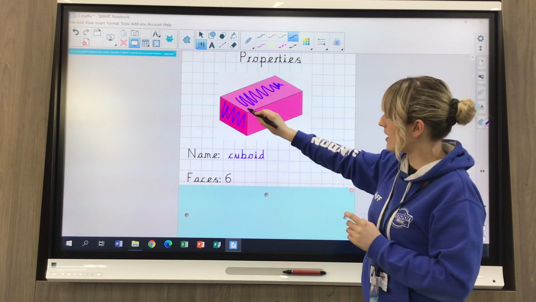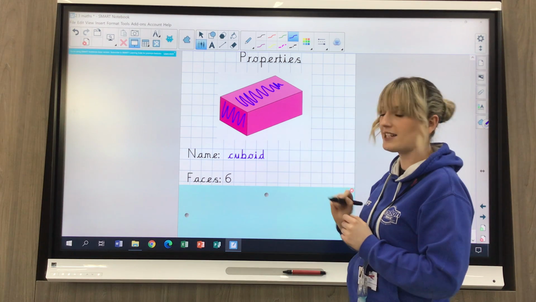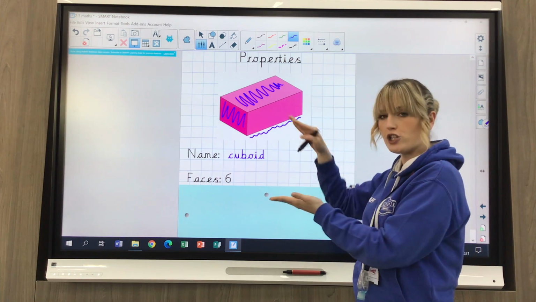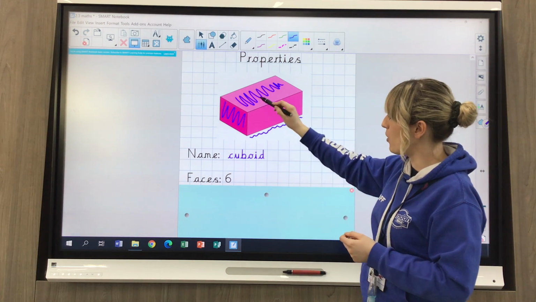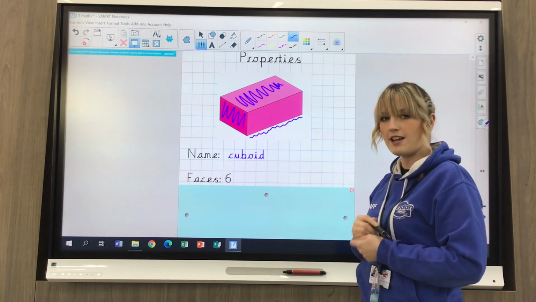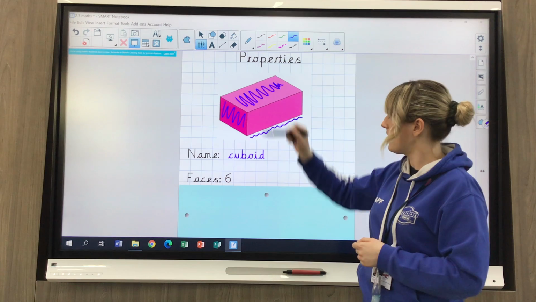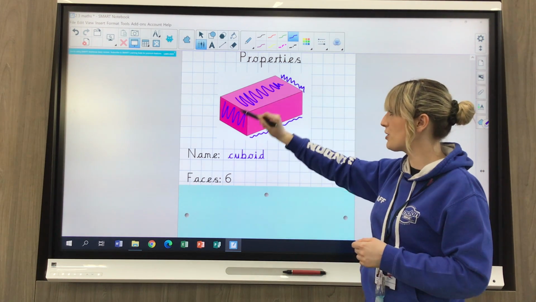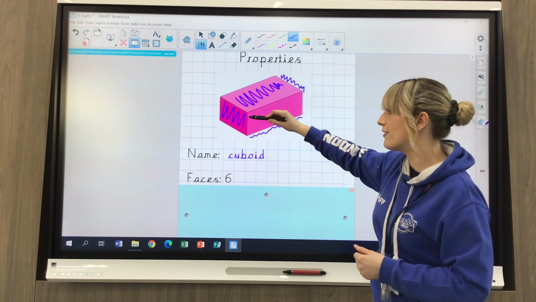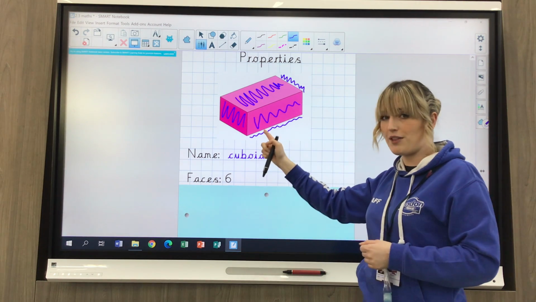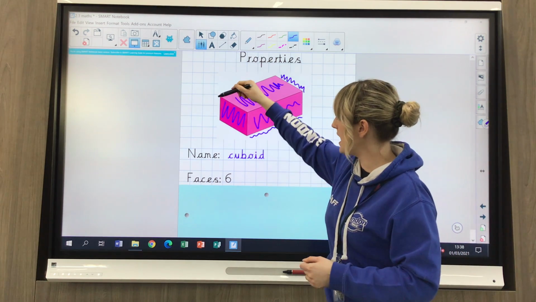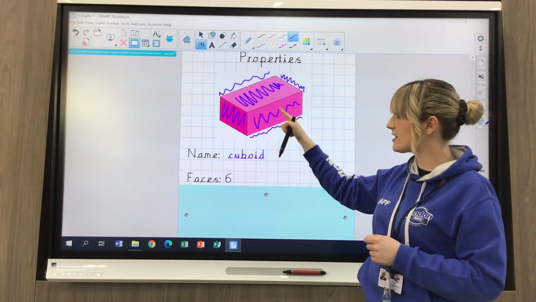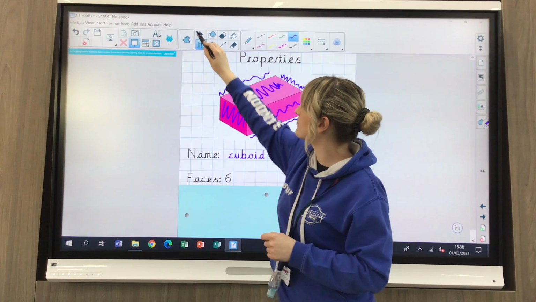So if there's a face on the top that we can see, we know then there must be one on the bottom on the opposite side. So that'd be 1, 2, 3. Now if there's one this side, there's going to be a face that side. So 1, 2, 3, 4, 5. Now if there's one this side, there's got to be one on the opposite side, 6. So a cuboid has got 6 faces.